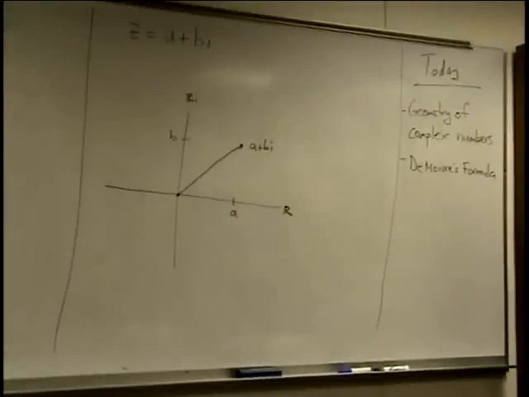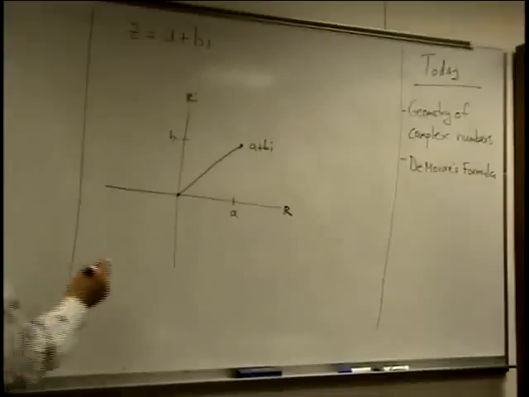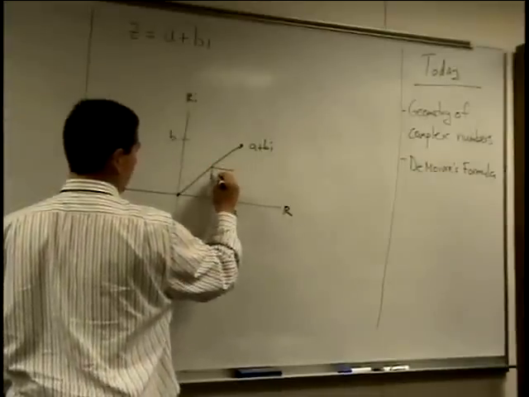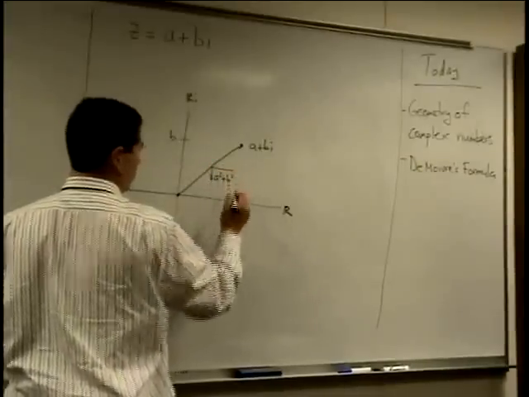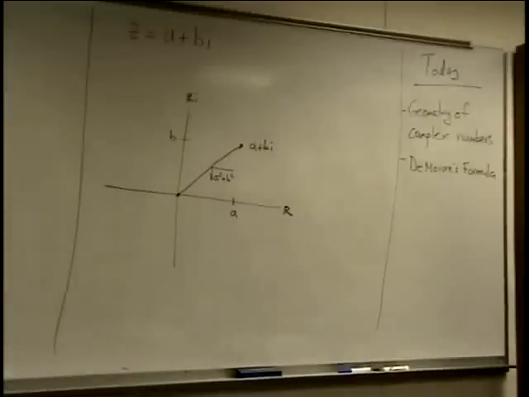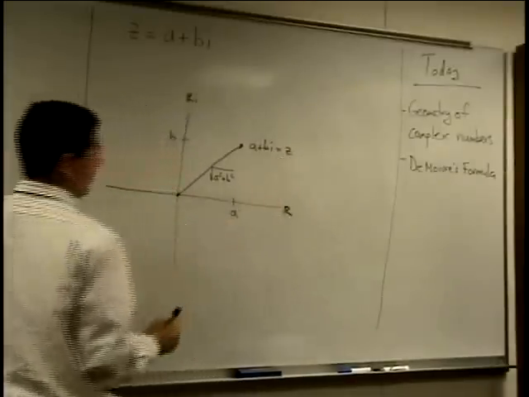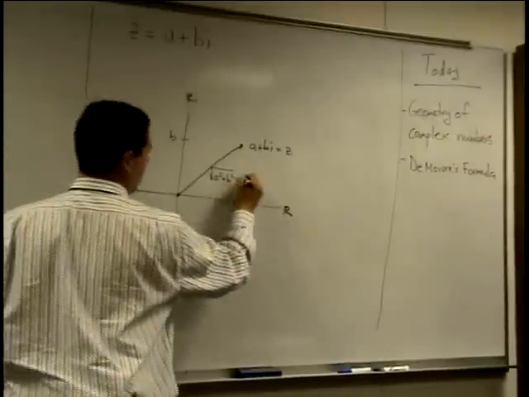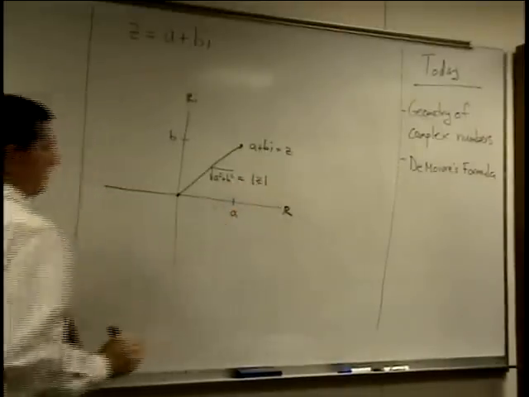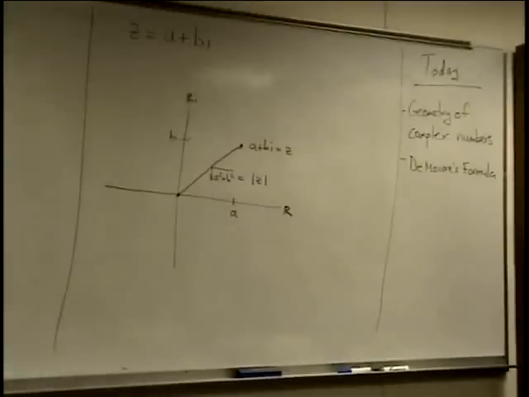And this vector has a magnitude. The length of this was the square root of a squared plus b squared, which we get by the Pythagorean theorem, for instance. And so, if we remember that a plus bi is our point z, then we wrote this distance as the norm of z, or the magnitude of z. All right.